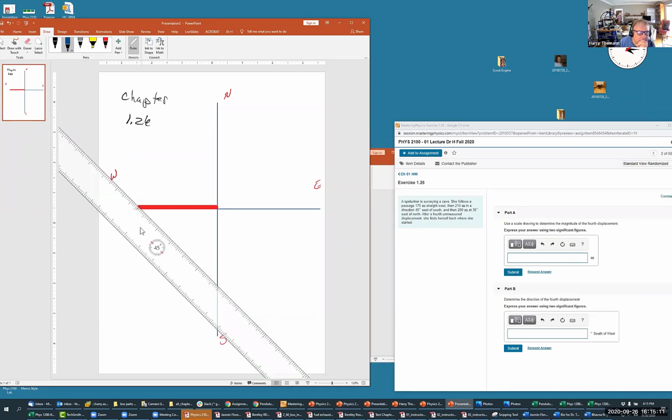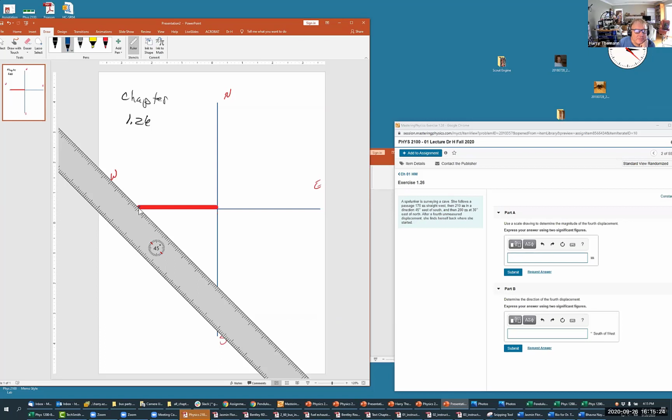I don't know if our model is going to work here. Oh yeah, half of that is 10.5, right? So it's 5. 1, 2, 3, 4, 5, 6, 7, 8, 9, 10. And we got to do half of that.